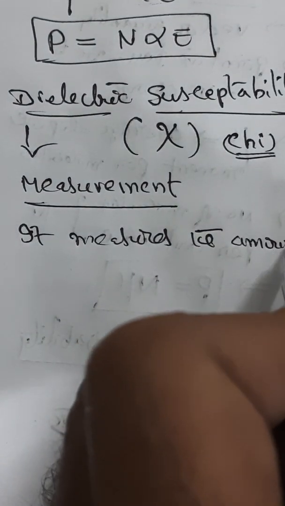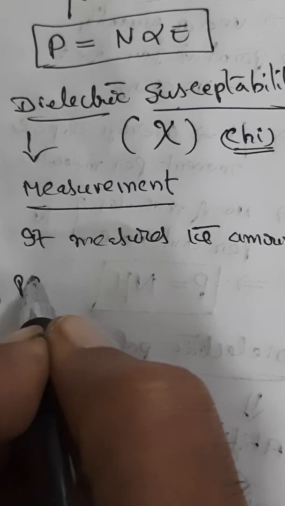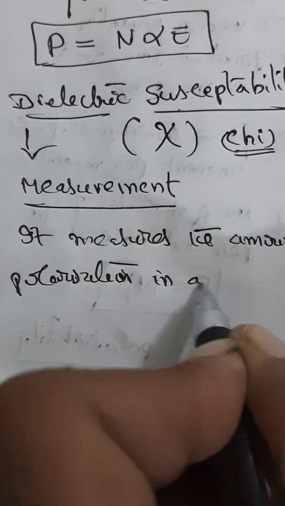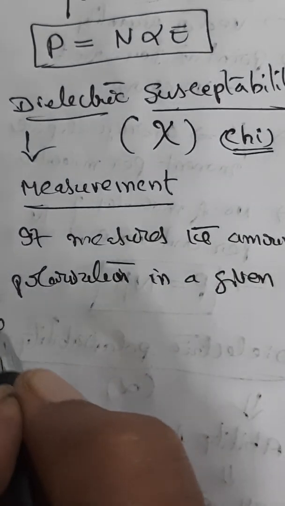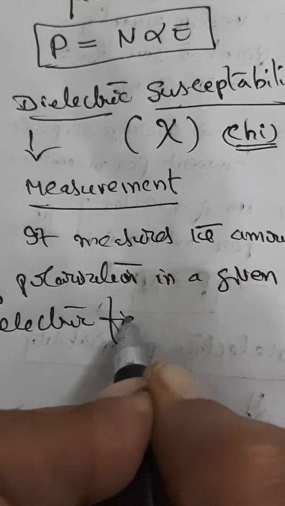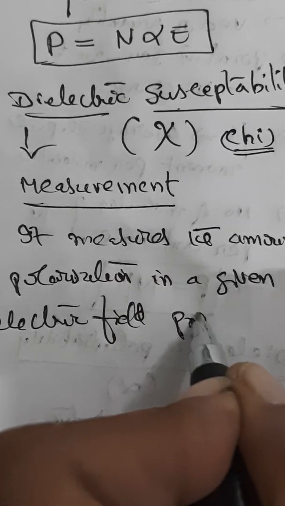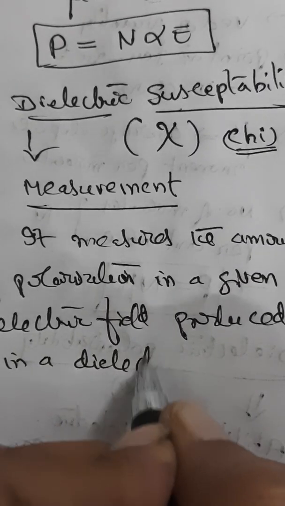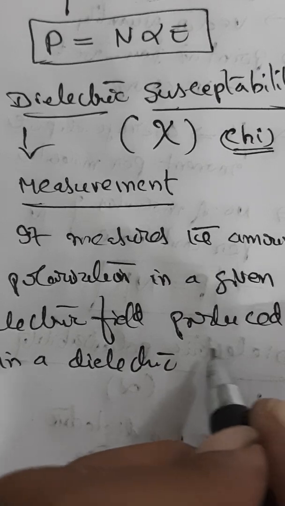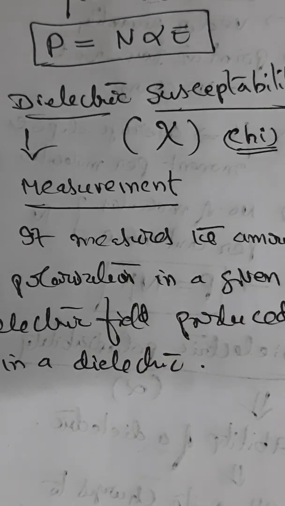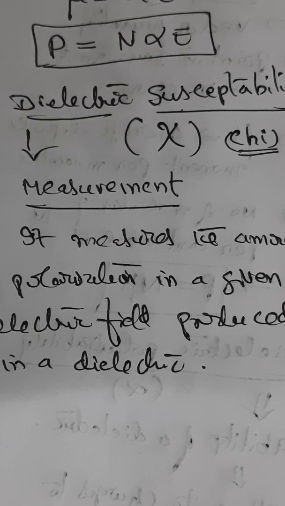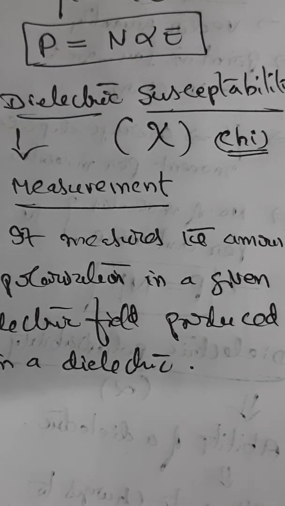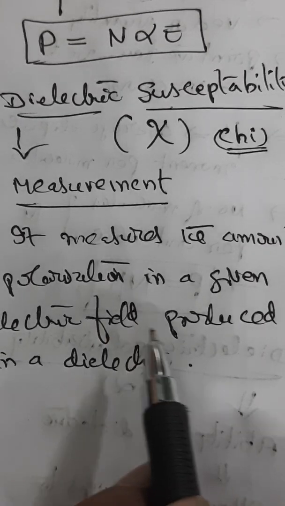It measures the amount of polarization produced in a dielectric in a given electric field. That is what susceptibility is all about. Remember, susceptibility is a measurement. It measures the amount of polarization produced in a dielectric in a given electric field.